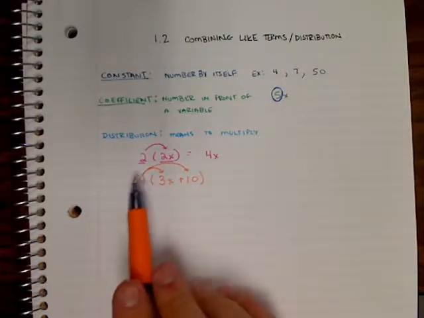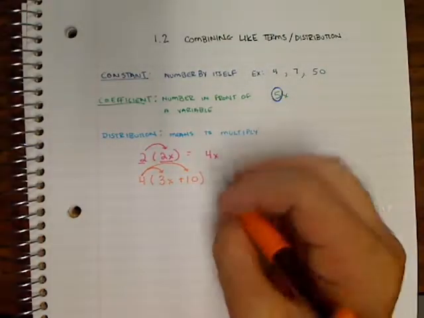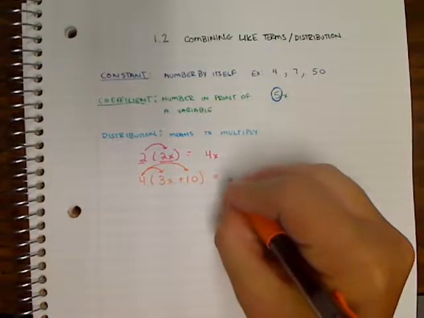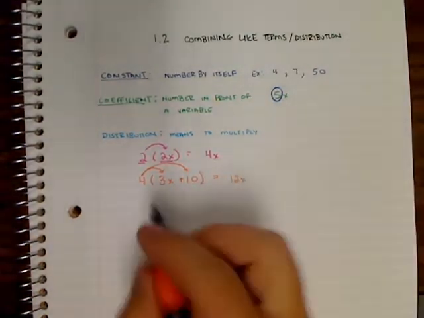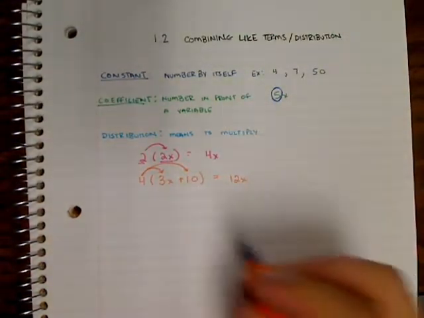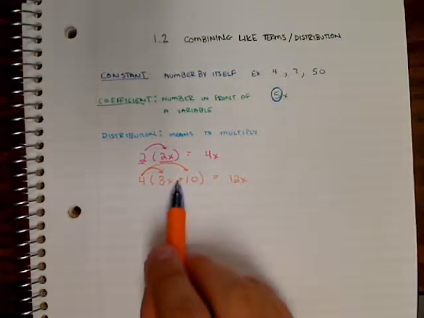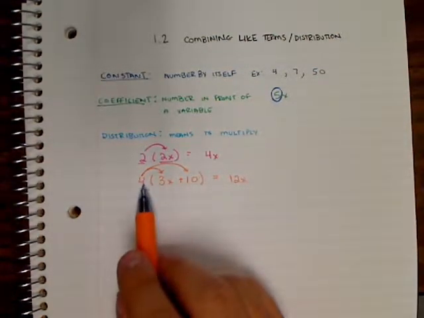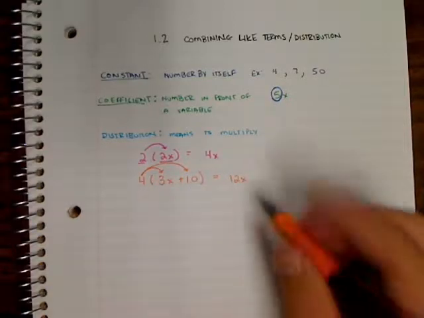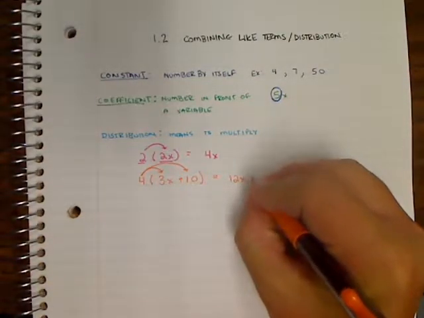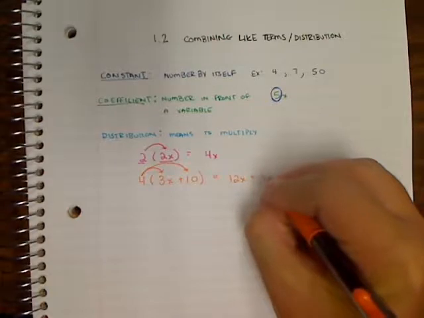So then we multiply that. So we do 4 times 3x, which will give me 12x. And then 4 times 10, which will give me 40. Now that's a separate term. And since this is positive and this is positive, positive 4 times positive 10 will give me positive 40. So I'm going to have plus 40.